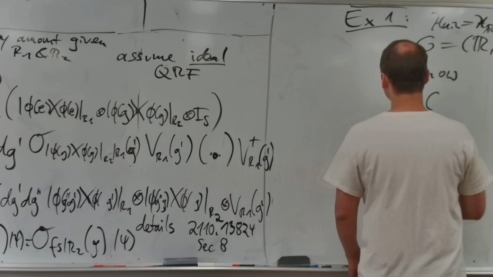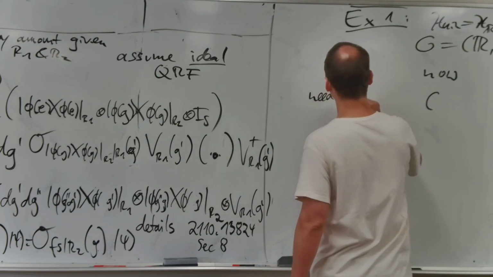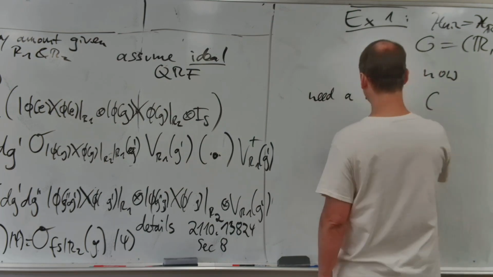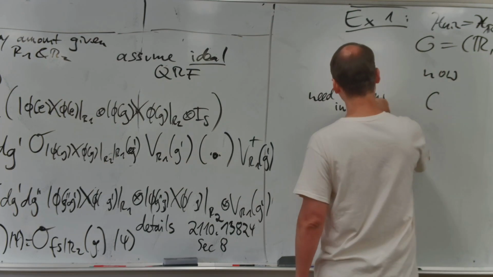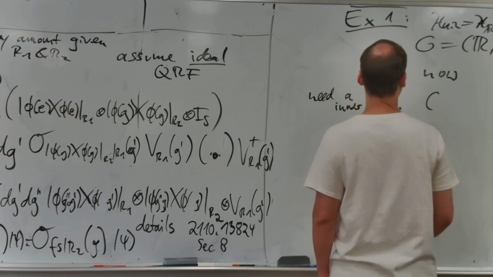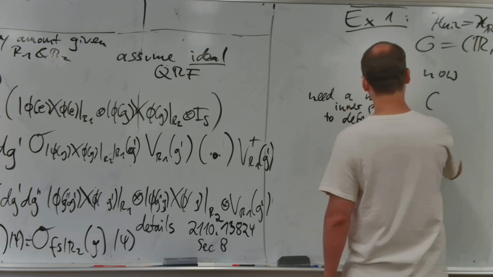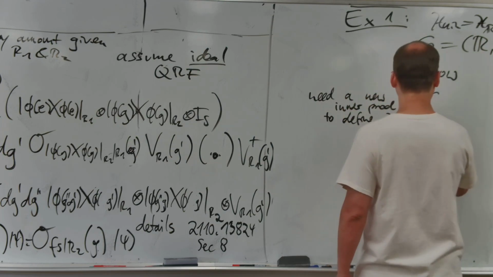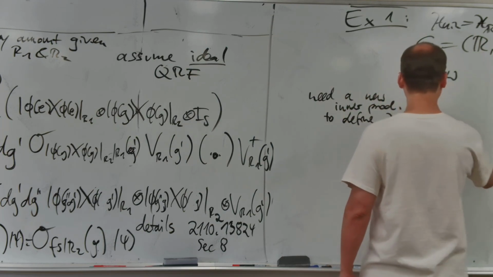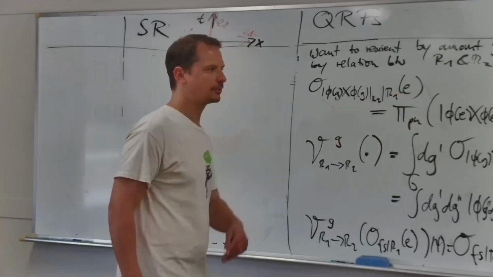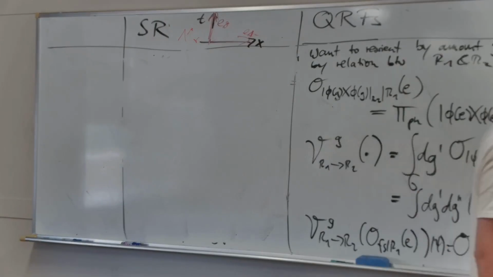And so we need a new inner product to define H_PN, which is now not a subspace of H_kin. So really it's improper eigenstates, so they're distributional.